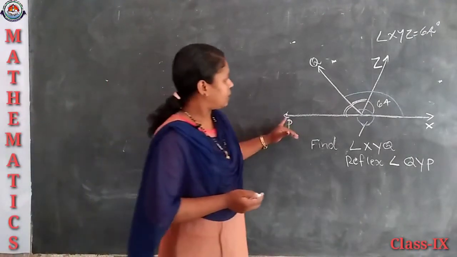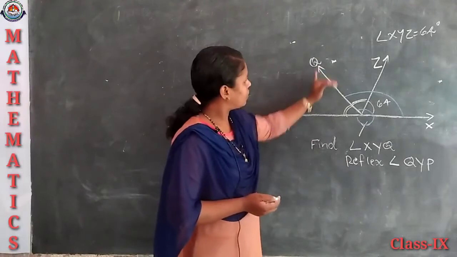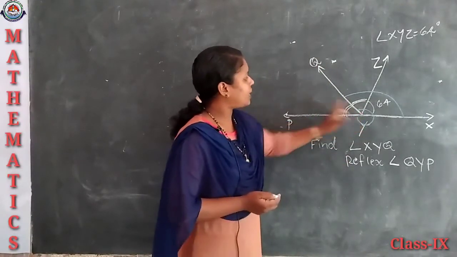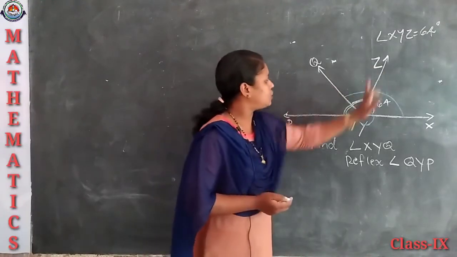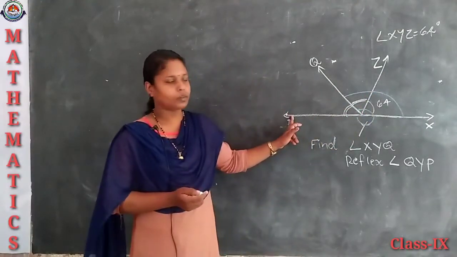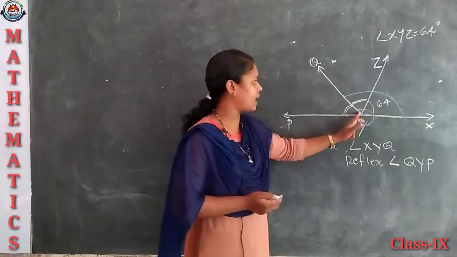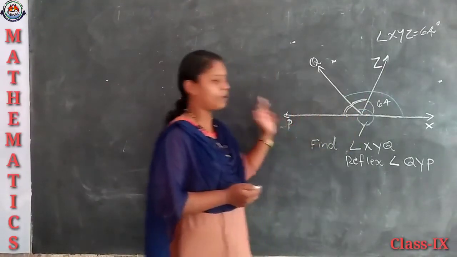Here we can say that YQ bisects the angle ZYP. YQ is a ray which is bisecting the angle ZYP.